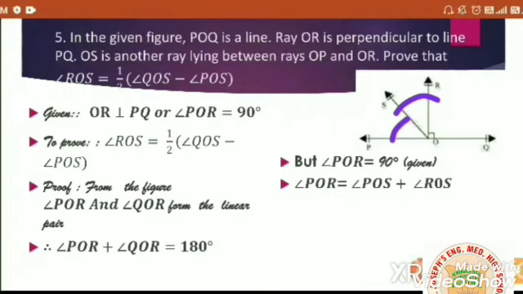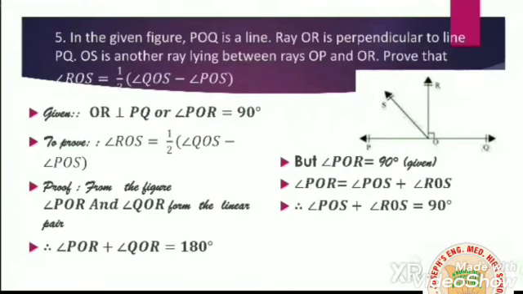Now what is the next thing we have to do? We have got one thing: ROS and POR we don't know, right? POR we know, it is equal to 90 degrees.